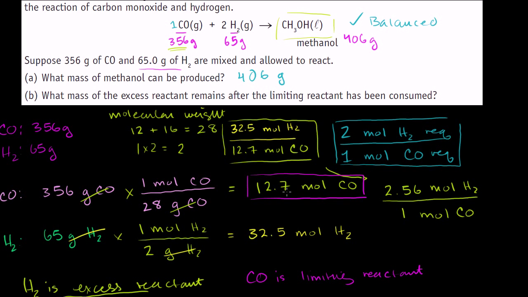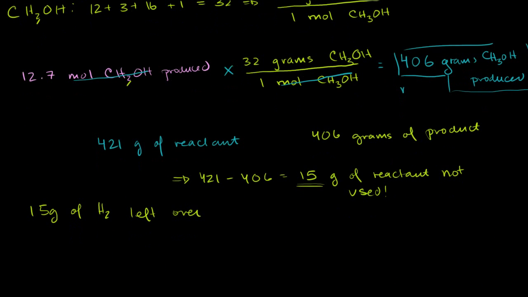What's twice that? 25.4. You need 25.4 moles. You have 32.5. So you'd subtract 32.5 minus 25.4, and that number of moles of hydrogen is left over. You'd multiply it times the grams per mole, which is 2, and you once again would get 15 grams.